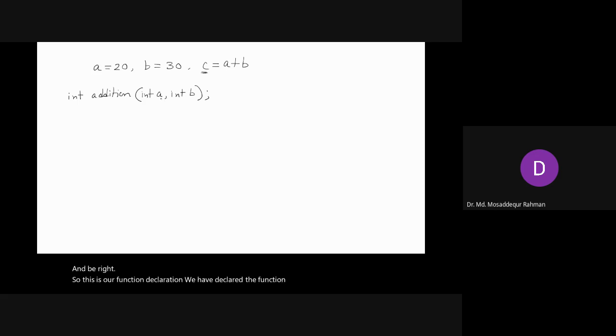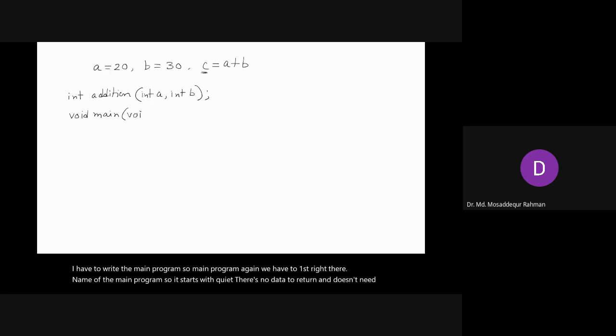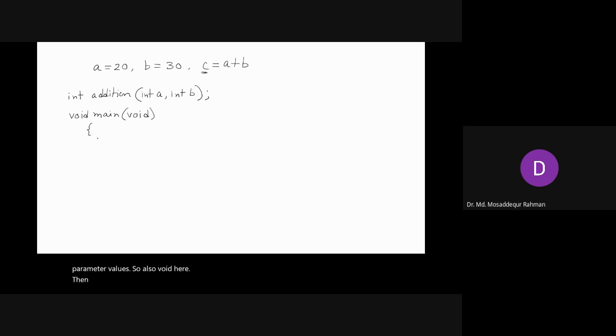Now we have to write the main program. First we write the name of the main program. It starts with void, since there is no data to return and it doesn't need any parameter values, so also void here. Then opening braces, and let's say we have integer x, y, and result. These are three variables we are using.